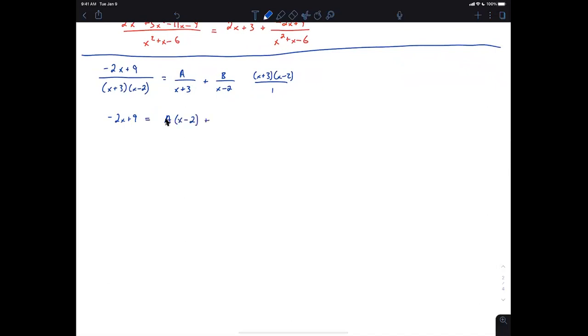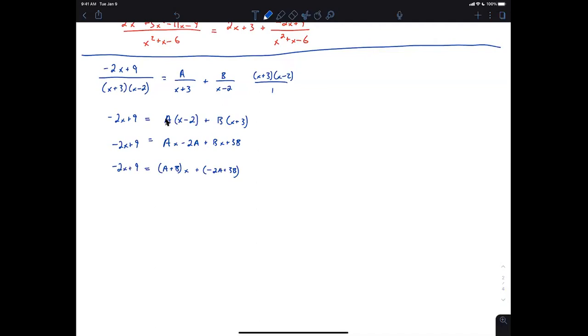On the right, that gets us A times x minus 2 plus B times x plus 3. And now we solve these. And so we combine like terms like we've been doing now for a couple days, and we get it to here. All right, now I know I did that part fast, but are there any questions on it?